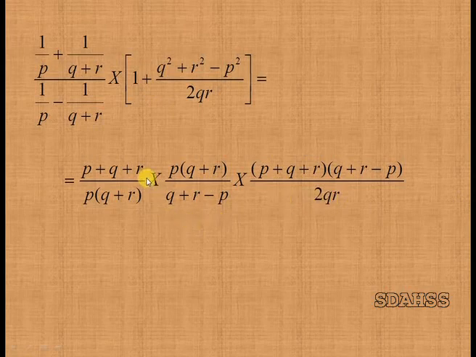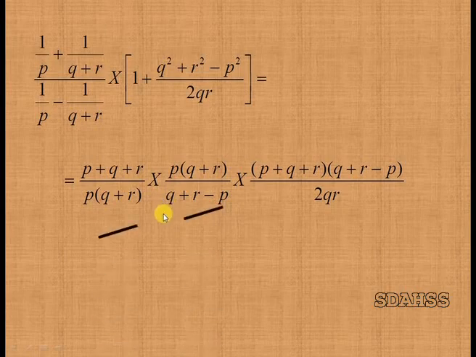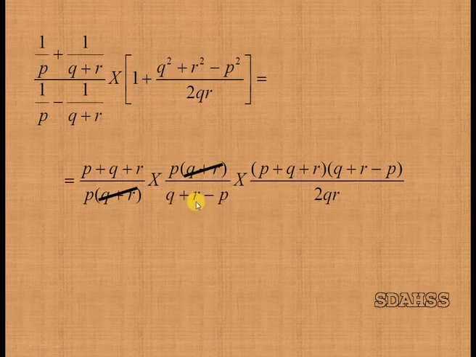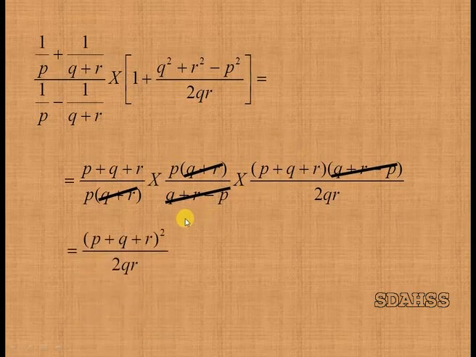Here p into q plus r cancels. Similarly q plus r minus p cancels. Remaining p plus q plus r into p plus q plus r. So this can be written as p plus q plus r whole square divided by 2qr.